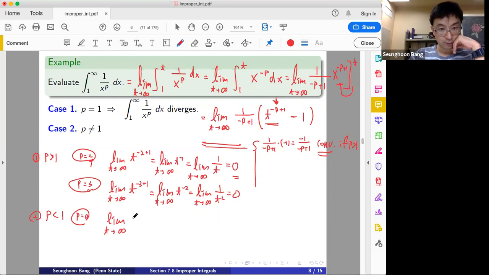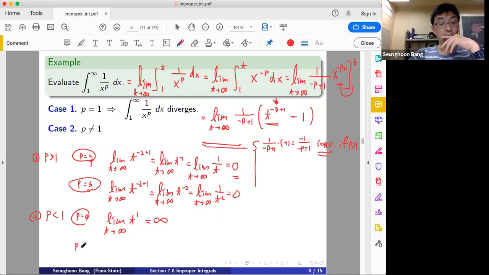Plugging 0 into p, negative 0 plus 1 gives only t to the 1. What's the limit of t to the 1 as t approaches infinity? Yes, the answer is infinity.